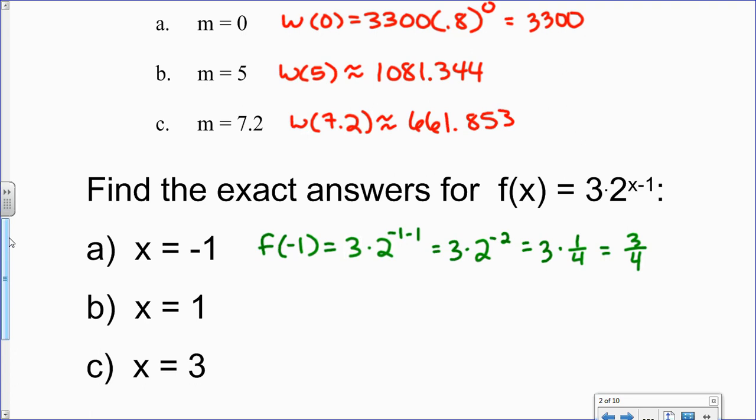Okay, f of 1. So simplify the exponent first. Okay, so 1 minus 1 is 0. And you have to do 2 to the 0 before multiplying. So anything to the 0 power is 1. So you get 3 times 1, which is 3.